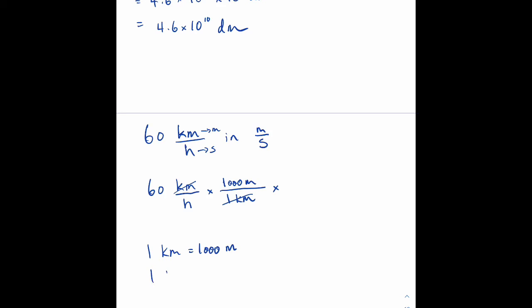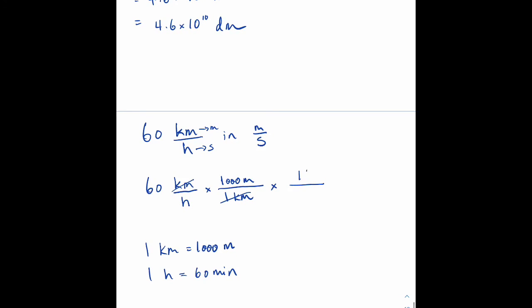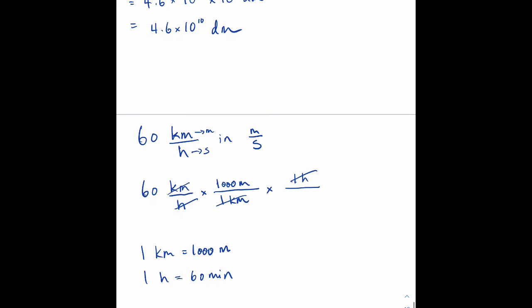Well, 1 hour is 60 minutes, as you no doubt know. So I could multiply this by, I want hour on the top so that I can cancel it with the hour on the bottom in the denominator there. Well, so 1 hour over 60 minutes.